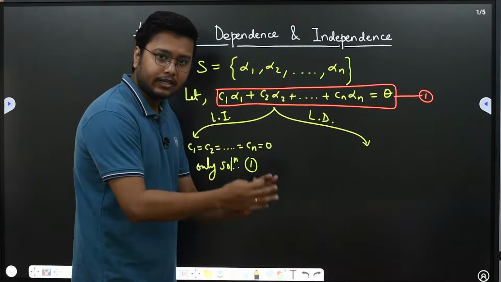Now proving this can be very simple actually. Using the previous thing, I can prove it very easily. I can use the contradiction method.